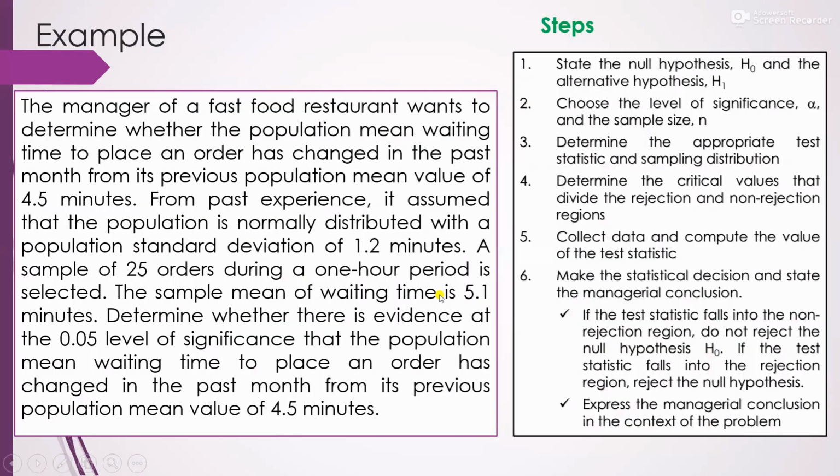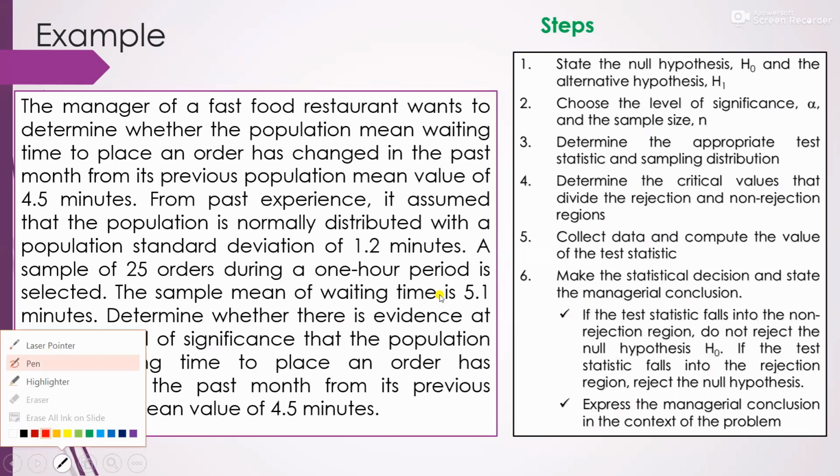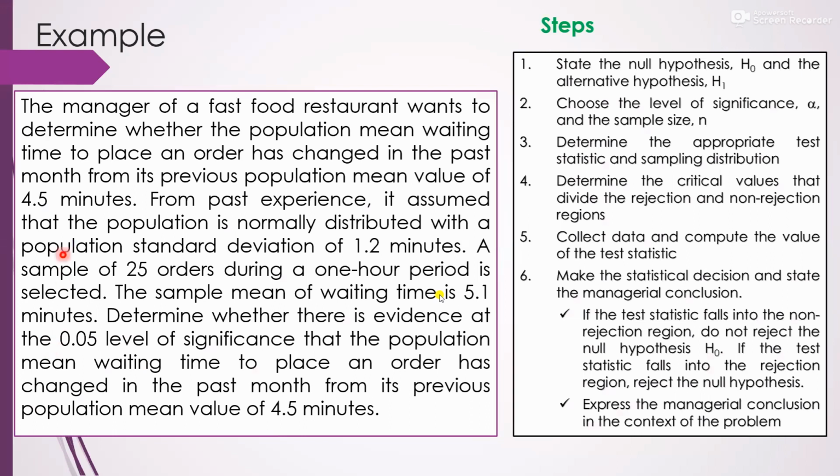Now let's look at this example. The manager of a fast food restaurant wants to determine whether the population mean waiting time to place an order has changed in the past month from its previous population mean value of 4.5 minutes.